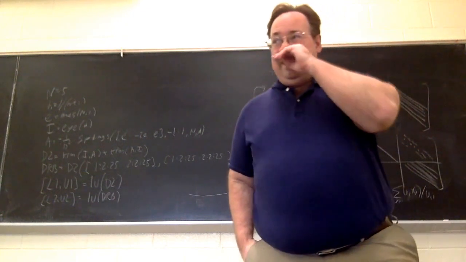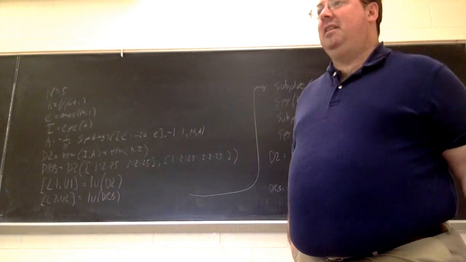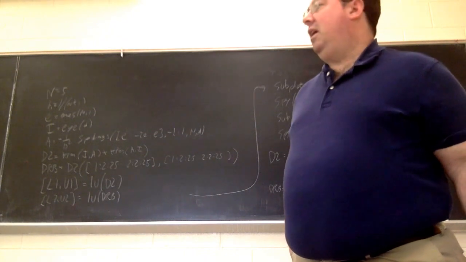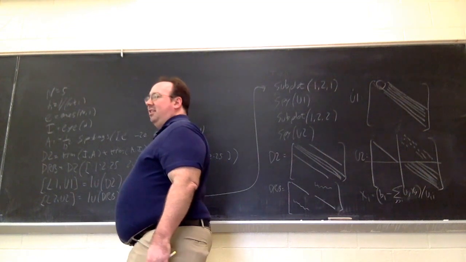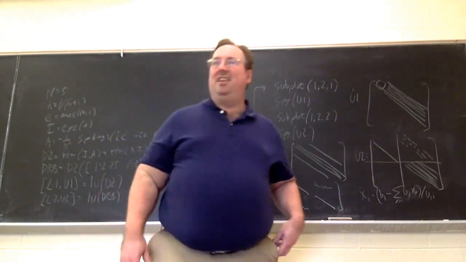Yesterday, when you were talking about DRB and mentioning property A, you said if N is even, it won't work. What won't work? Getting red-black ordering, just doing this. The index pattern is more complicated.